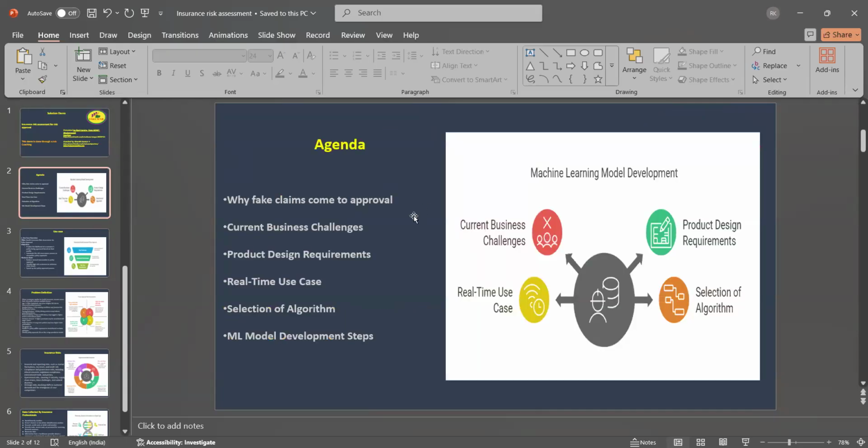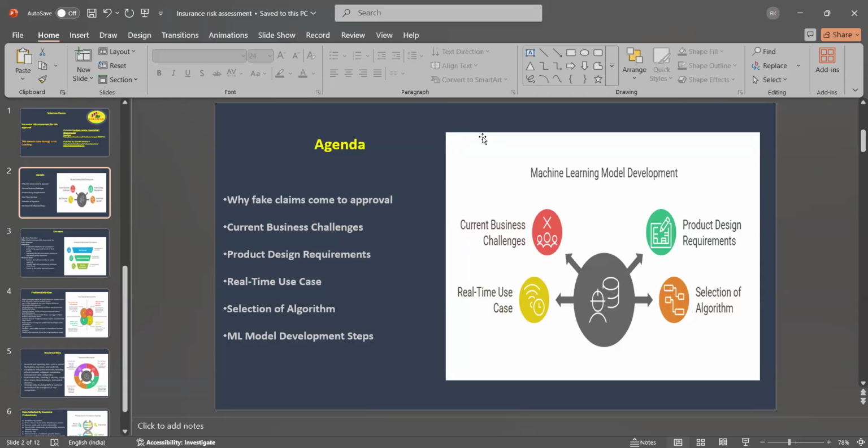The agenda for this demo is: why fake claims come to approval, the current business challenges in policy approval and giving claims, and the product design requirements. How do we design the product to stop these fake claims and the issuance of the policy?